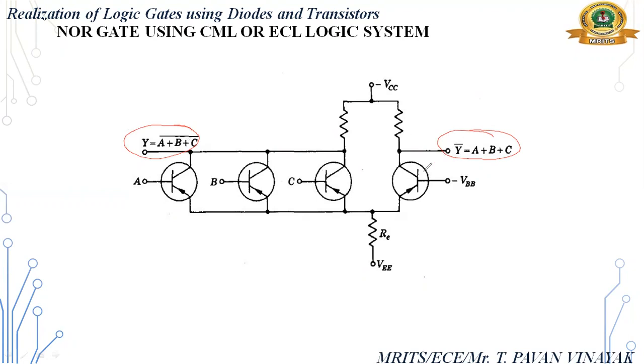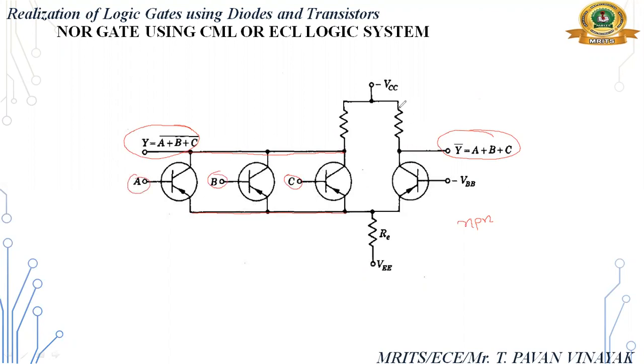The transistors we use are NPN. All collectors are coupled to each other, and all emitters are coupled to each other. For the base, we give input.